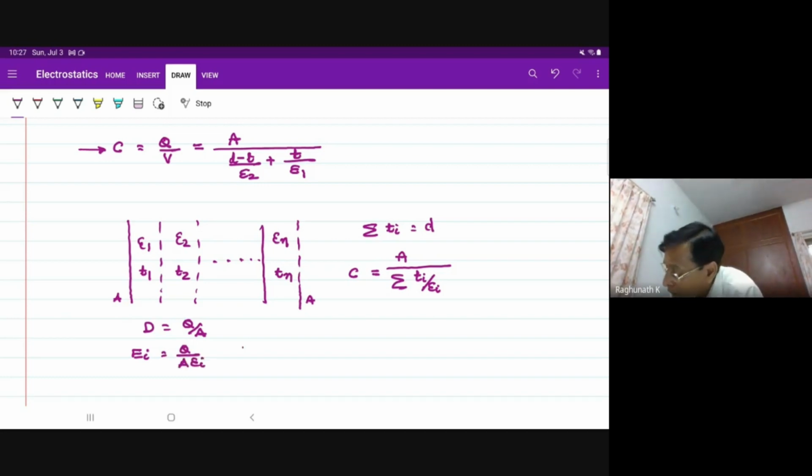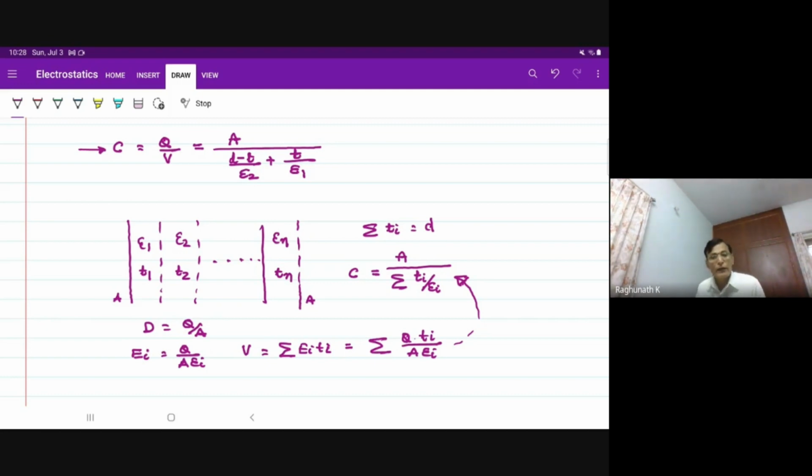Potential V is equal to, just because it is the product, Ei Ti, which is Q by A. Ei Ti is the summation of Q Ti by A epsilon i. Because of which I'll get this capacitance to be A by summation Ti by epsilon i. Epsilon is the permittivity. Next.